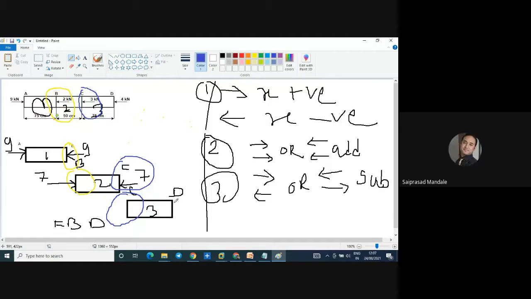In which direction, towards the positive x-axis or the negative x-axis? Positive x-axis means such a way, negative x-axis means such a way.